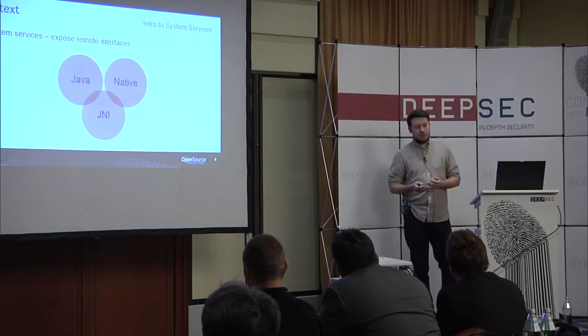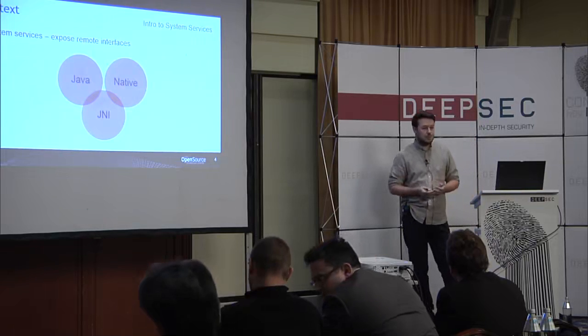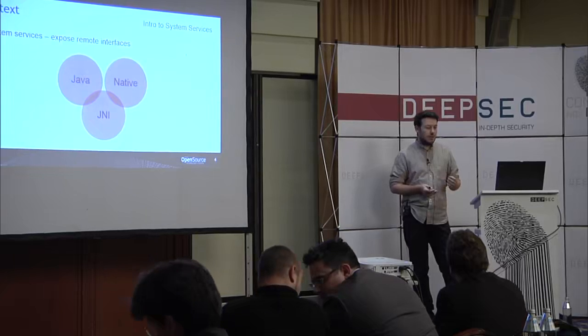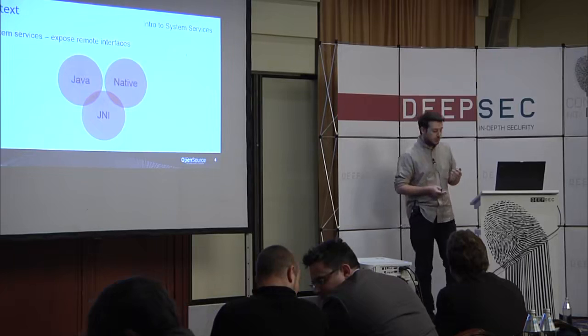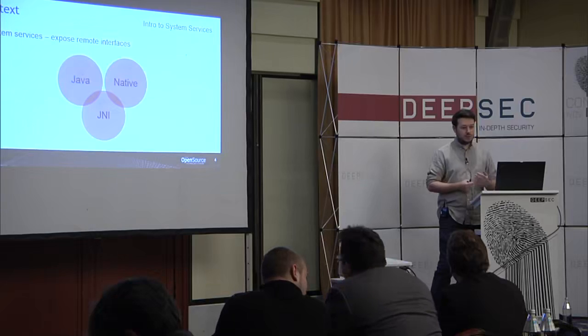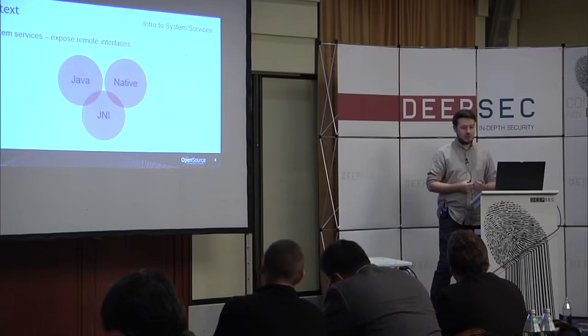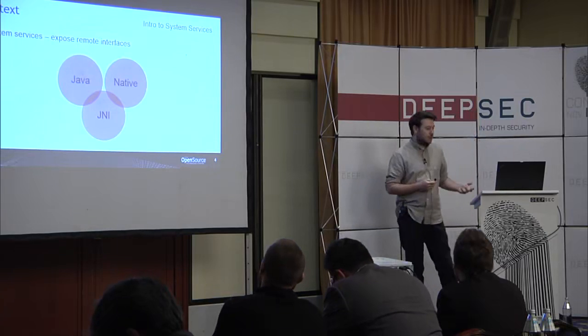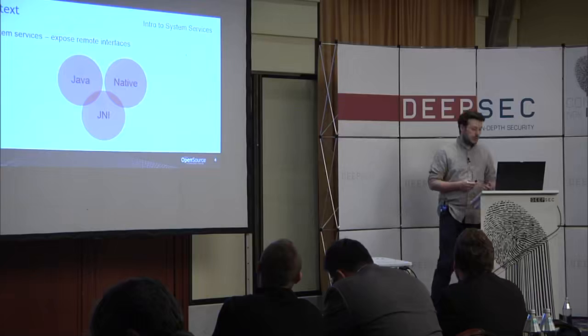From a security perspective, the system services that are of most interest to us would be the ones that are written in C, C++, and especially from a fuzzing perspective, because generally speaking, fuzzing campaigns tend to find more issues in projects that are written in C or C++, because there are inherent memory corruption issues.